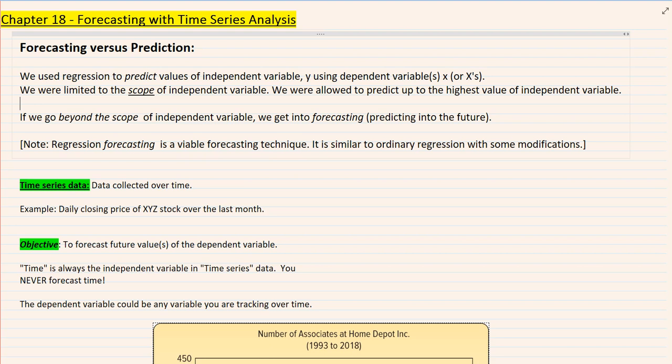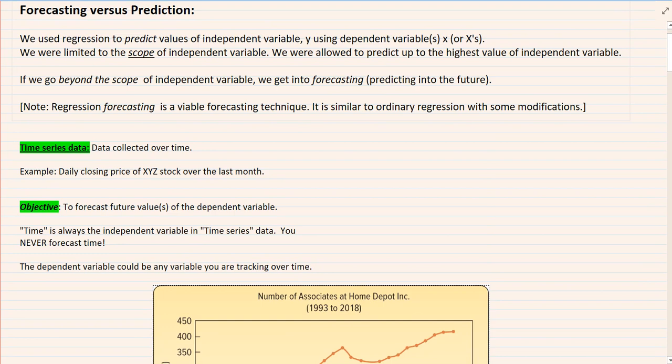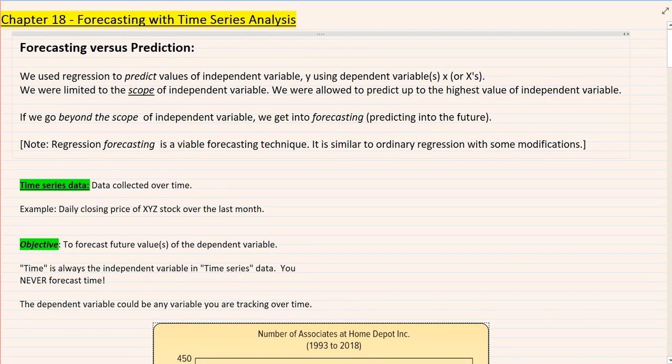We just need to modify some assumptions which allow us to extrapolate beyond the scope of the data. So in chapter 18, we're going to just talk about moving averages. Other techniques are beyond the scope of what we want to do.